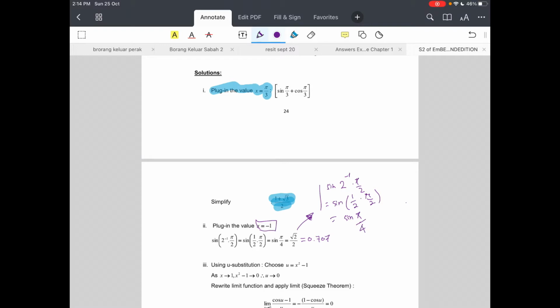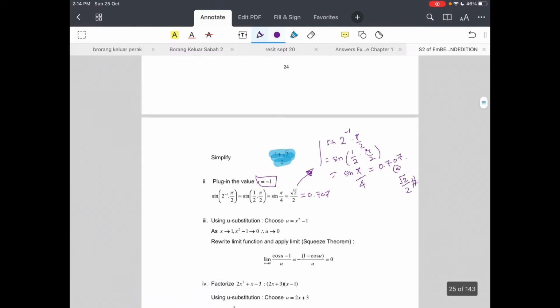If you use your calculator, you may get 0.707, or it's similar to square root 2 over 2.